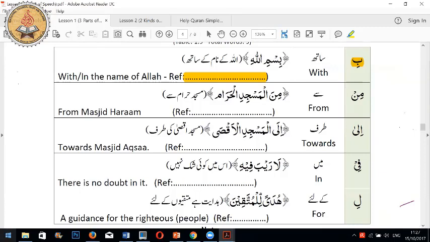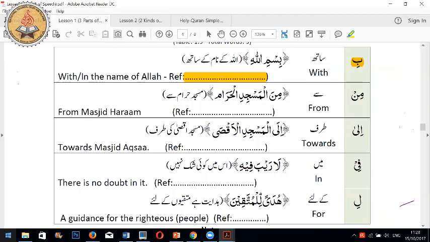They can be attached in the beginning as a word, for example, minhum, minkum, ilayka, walladhina yu'minuna bima unzila ilayka. In this case, ila is attached to the pronoun ka: ilayka, ilaykum, ilayna, ilayhim, many times. Fi, in la rayba fi, is attached at the end.